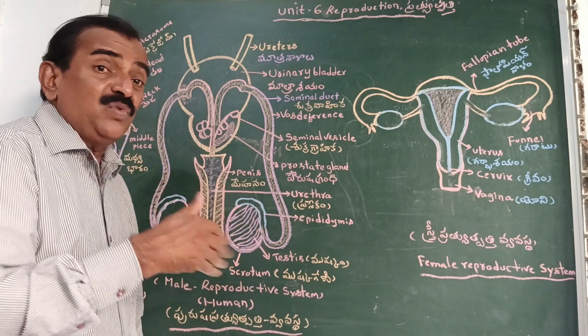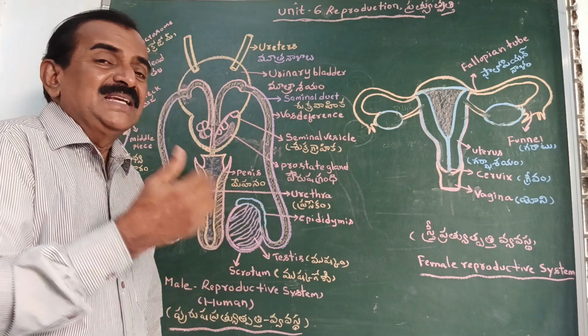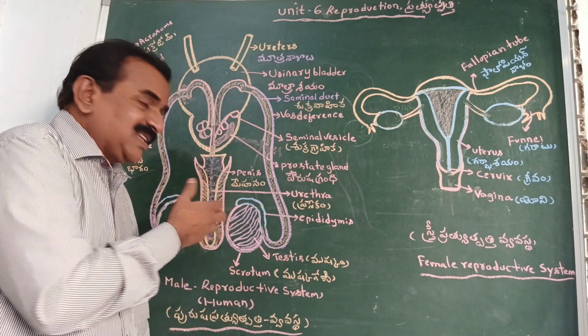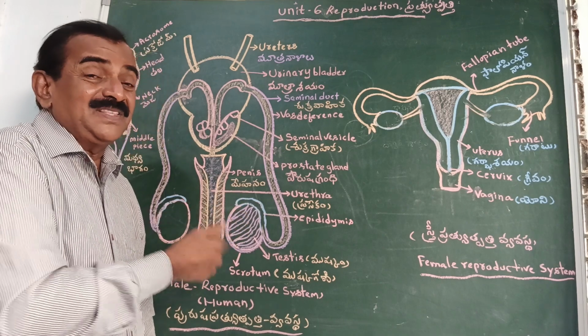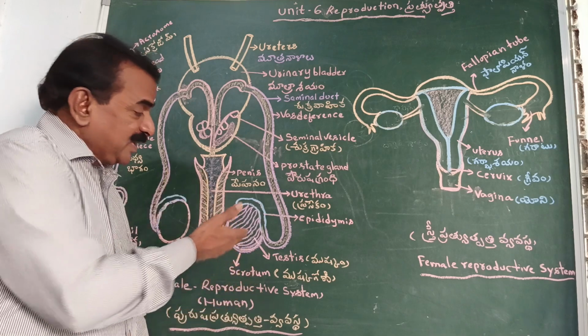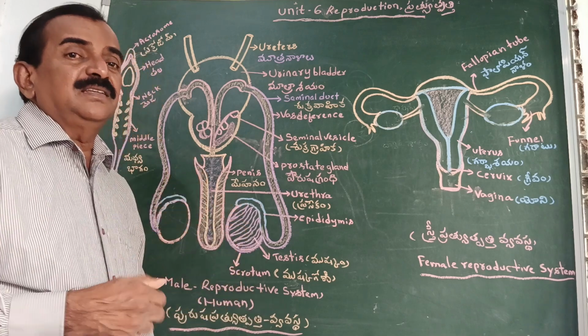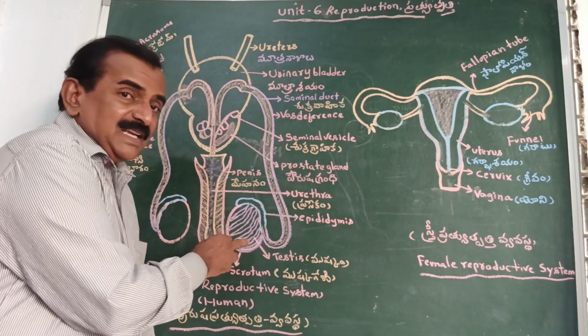In males, when they reach 13 to 14 years, the testes produce testosterone hormone. In the presence of testosterone, the germinal epithelial cells undergo mitosis and meiosis, and finally millions of sperms are produced in the testes.